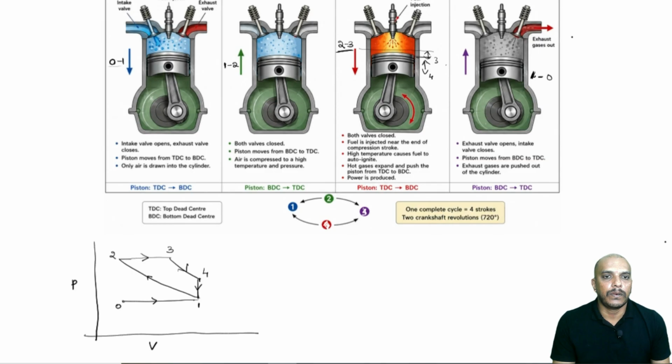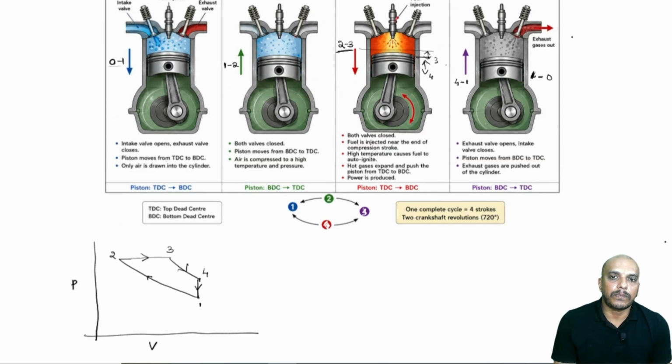So, 4 to 1 happens at constant volume, then 1 to 0 is again constant pressure, so this will cancel out. We will end up with only this much. This is what we had discussed in our diesel cycle, alright. So, this will be our 1, 2, 3, 4 and back to 1.